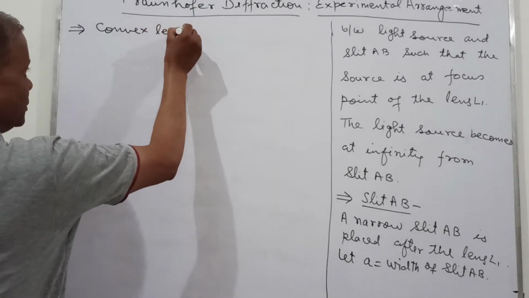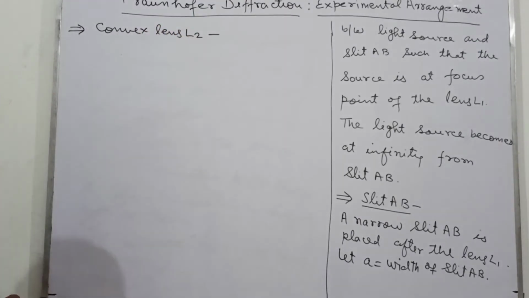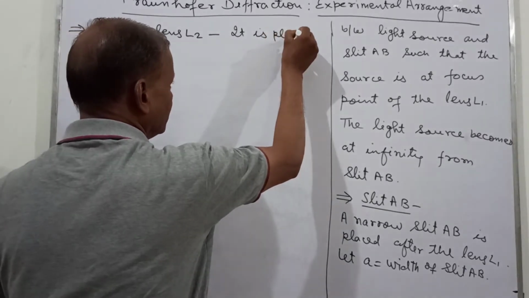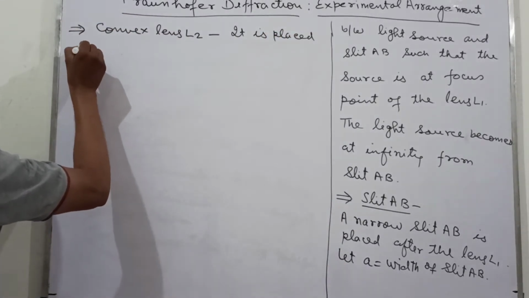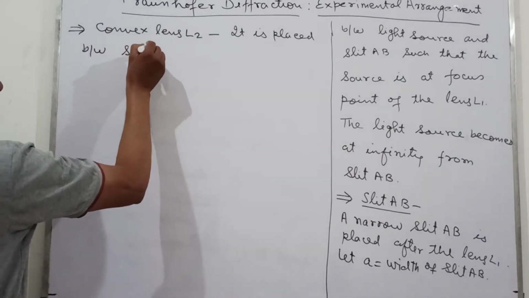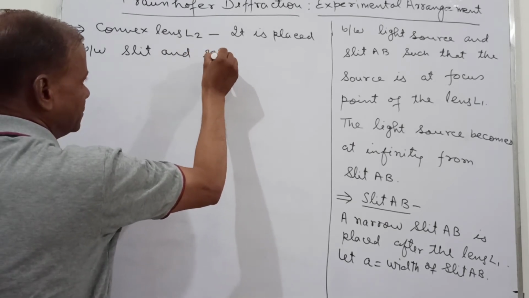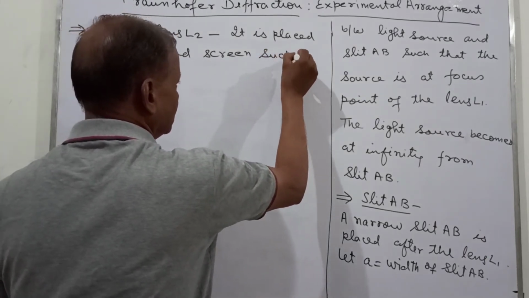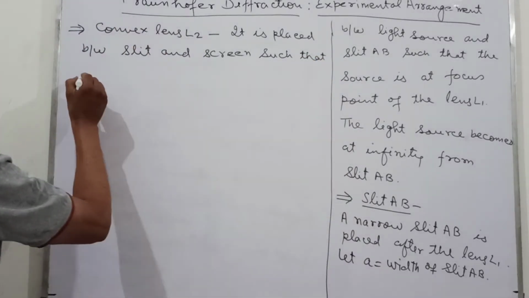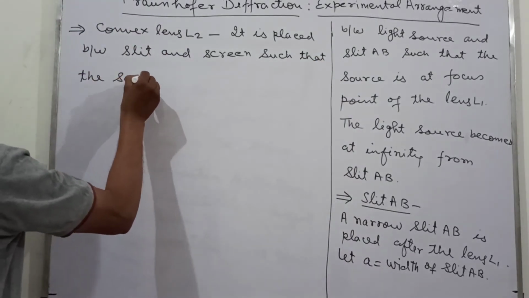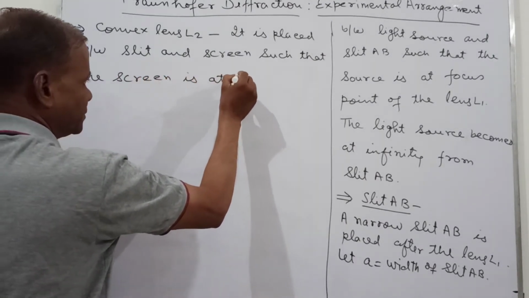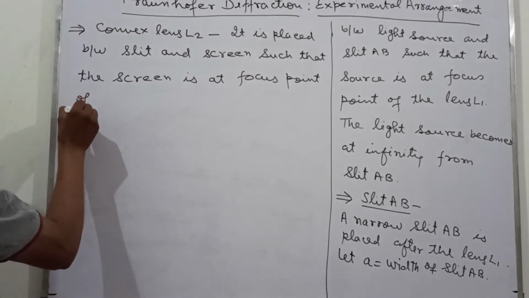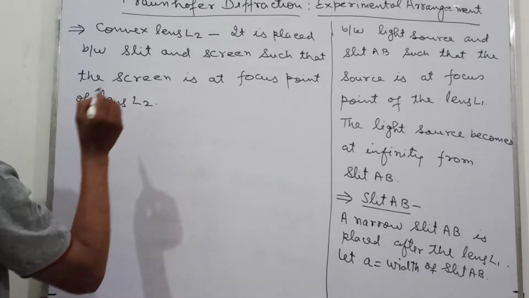Convex lens L2 is placed between the slit and screen such that the screen is at the focus point of lens L2.